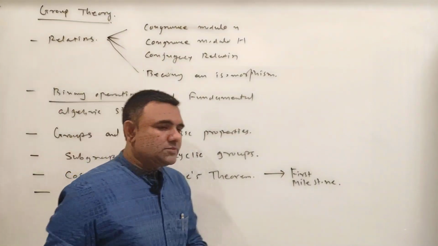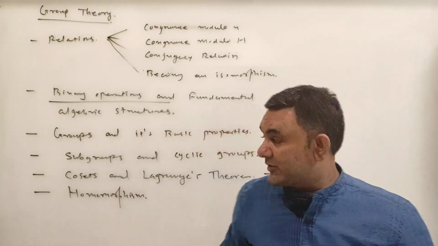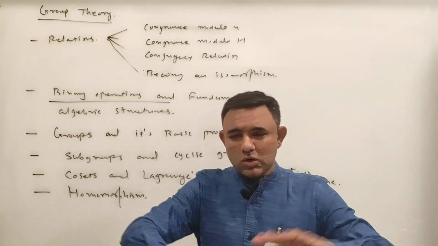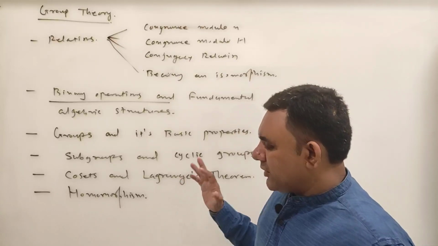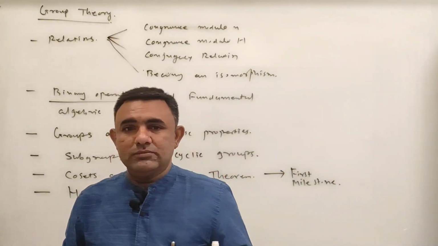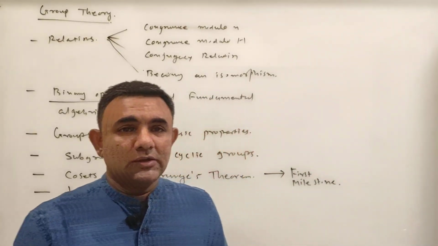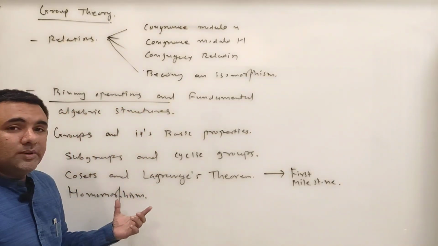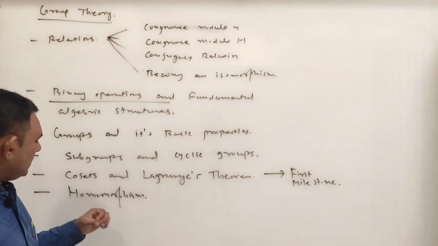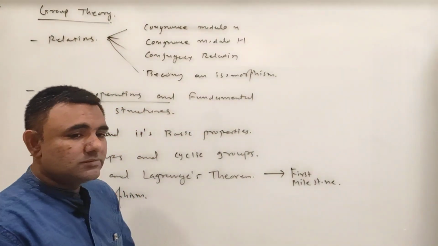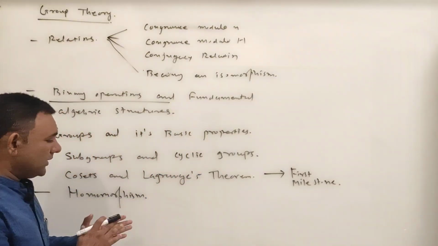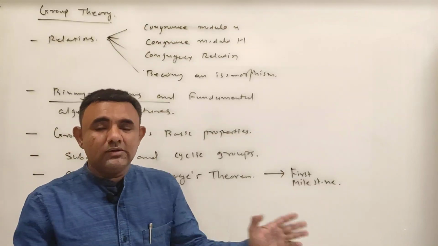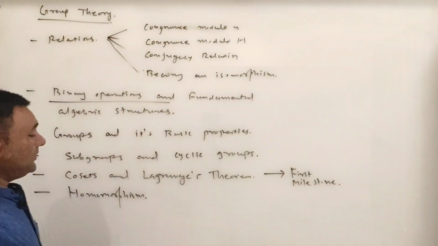See, homomorphisms are very important things throughout modern algebra, abstract algebra. Homomorphism is the main thing in abstract algebra. If you handle homomorphism properly, then you can handle anything in algebra.